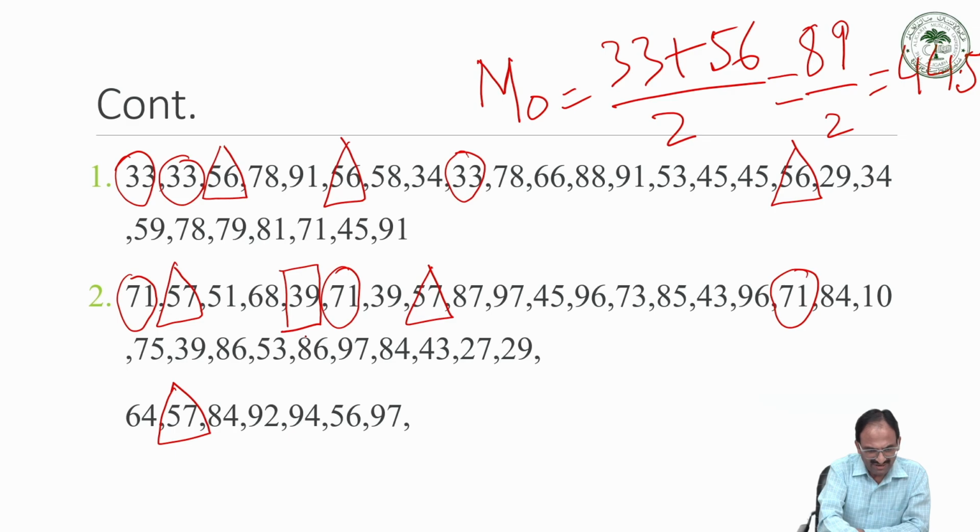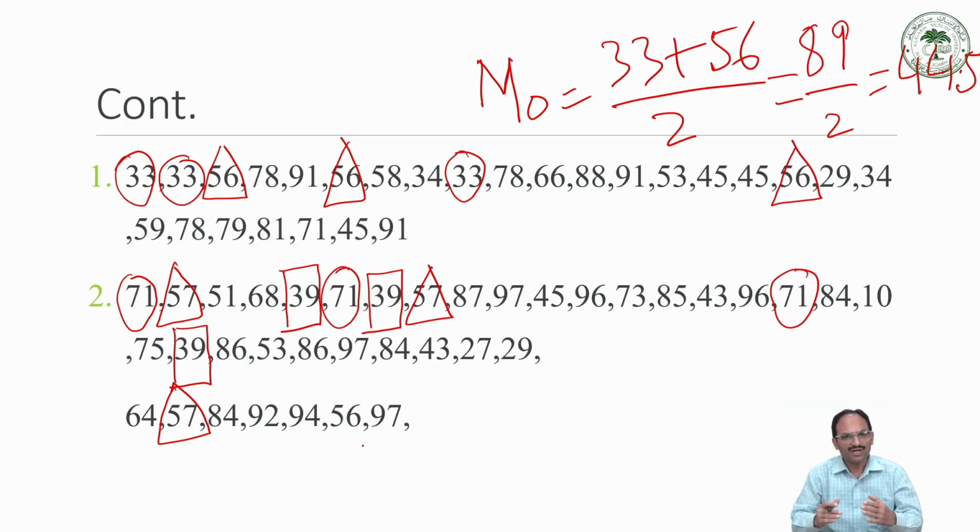So 39 once, 39 two times, move ahead, 39 third time, and that's it. So this is a very unique case. This is a case of multimodal distribution. Why? Because more than two numbers are repeating themselves the same number of times.